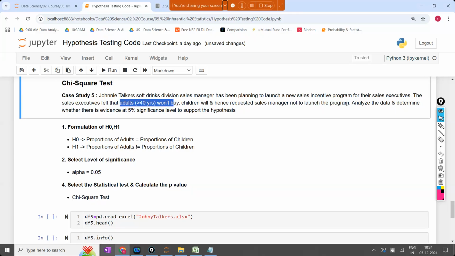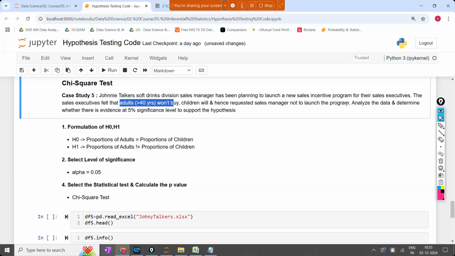Whenever you launch a sales incentives program, you are going to give more target on the sales. When you give more target, the executives will suddenly feel more burden. Why are they feeling more burden? Because this product is bought only by adults. If children were also purchasing, we could sell. But with fewer buyers, there is less possibility to sell that product against a high sales target.